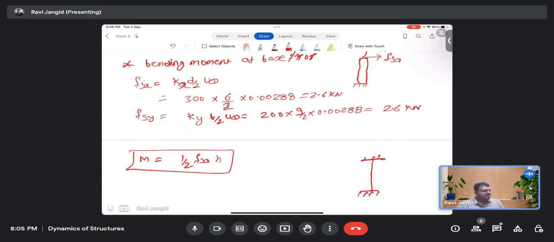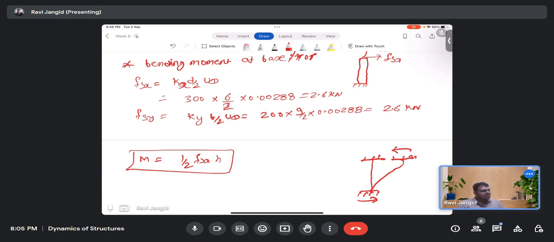If I have a fixed clamp and it moves by a certain amount like that, is the sign convention okay?